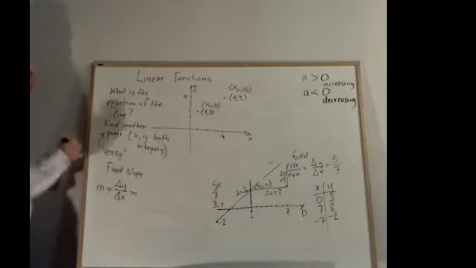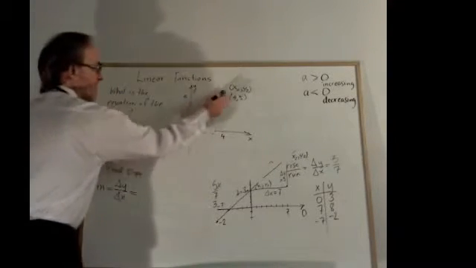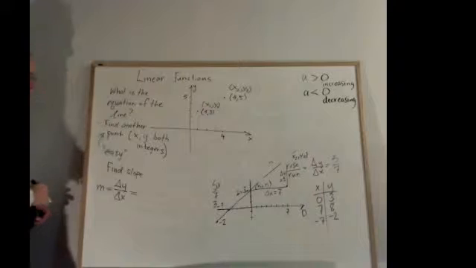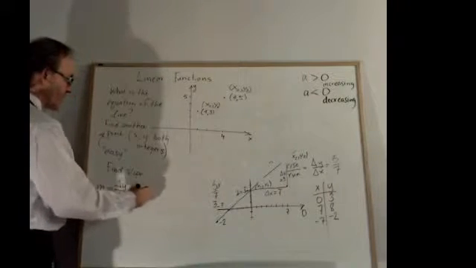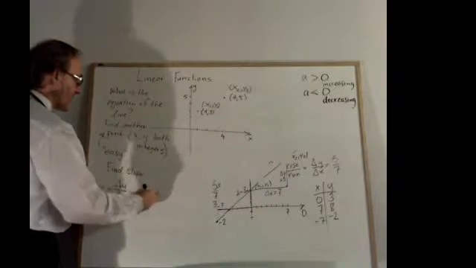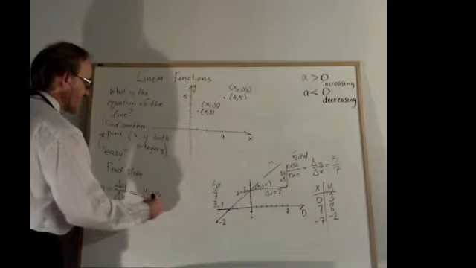So it doesn't matter which order you choose them, but you should always be consistent with that order once you do choose it. So you put y2 minus y1 in the numerator and x2 minus x1 in the denominator.